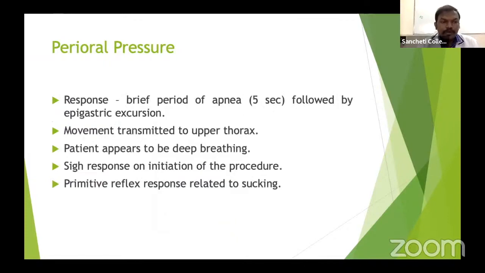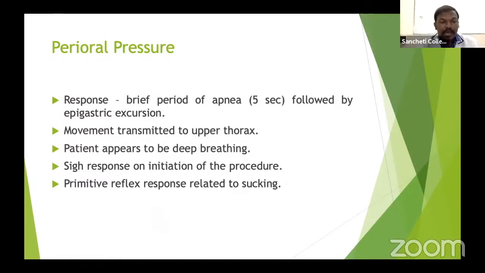Now, once you have applied the pressure, what response can you get? Firstly, you will get a brief period of apnea for 5 seconds followed by epigastric excursion.